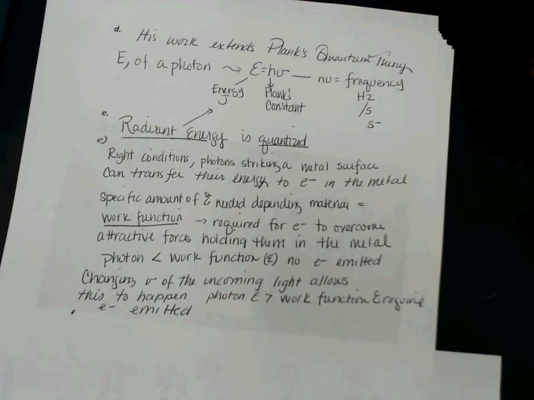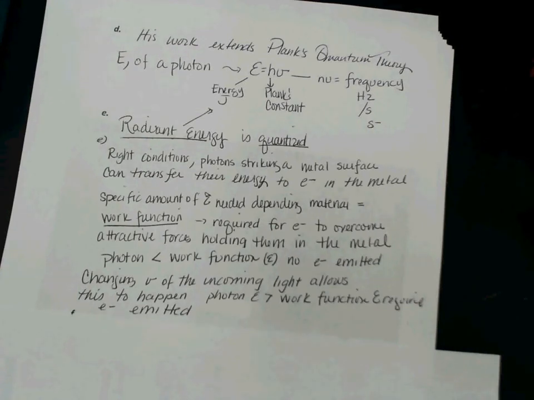If there's enough energy, the electron can overcome the work function, and if there's not enough energy, then no extra light will be emitted. And we can see that when we look at things like calcium under just a normal light source.